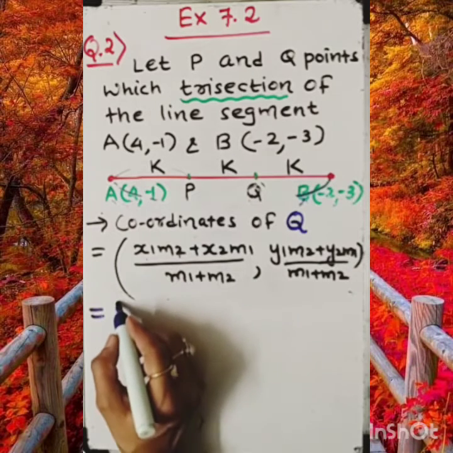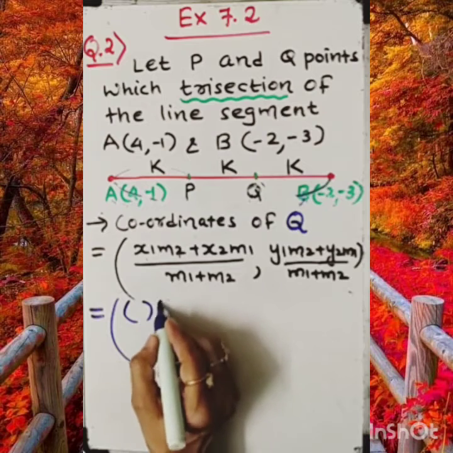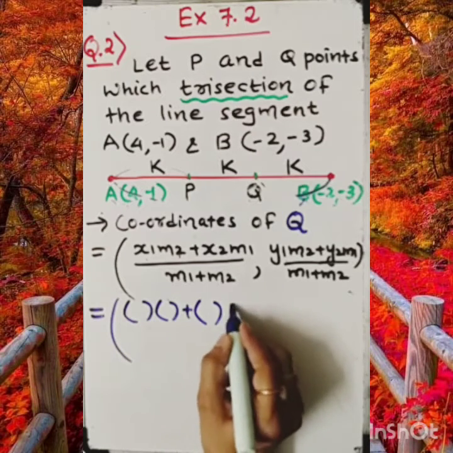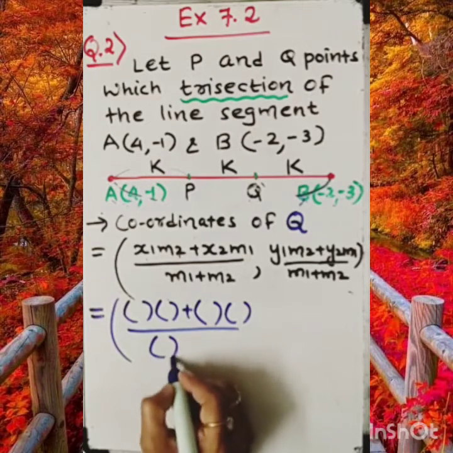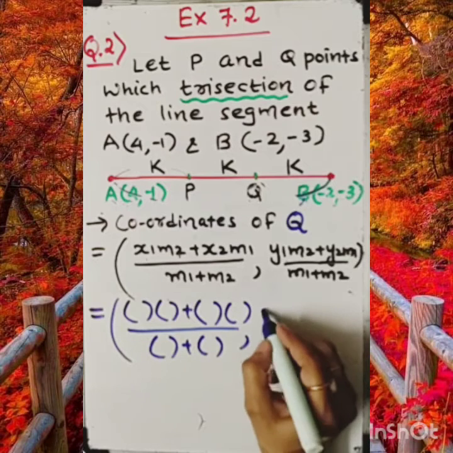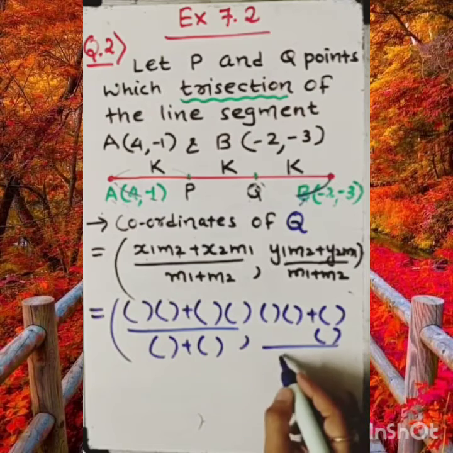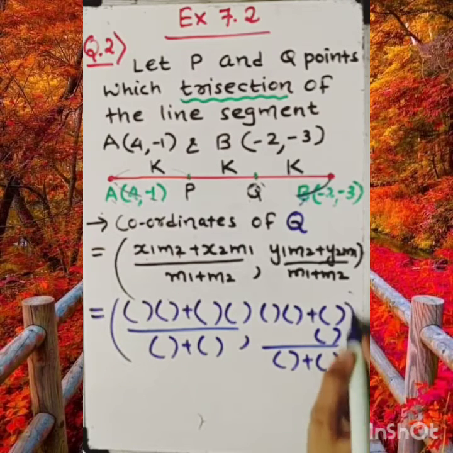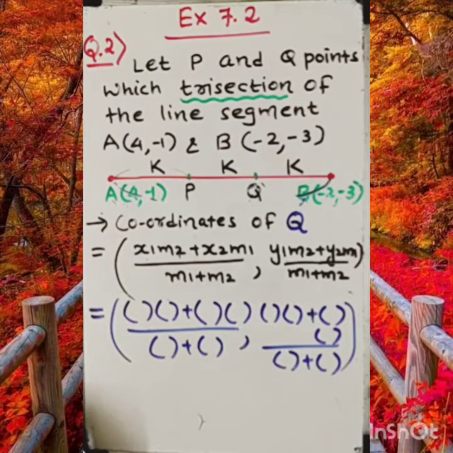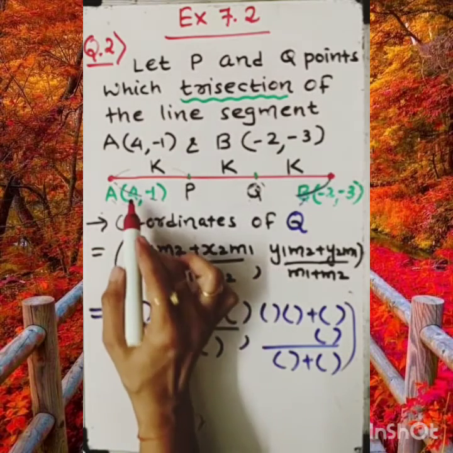Now keeping these things in mind, let's note down the required values at the proper places. What is x1 here? Look at your screen. x1 is 4.